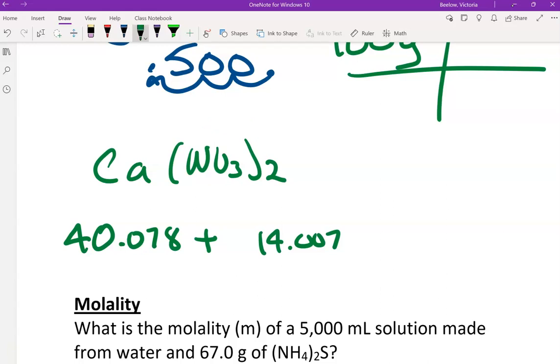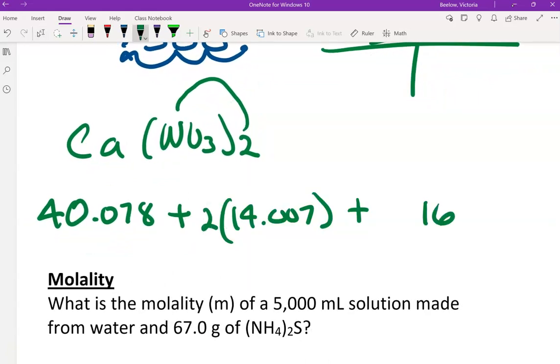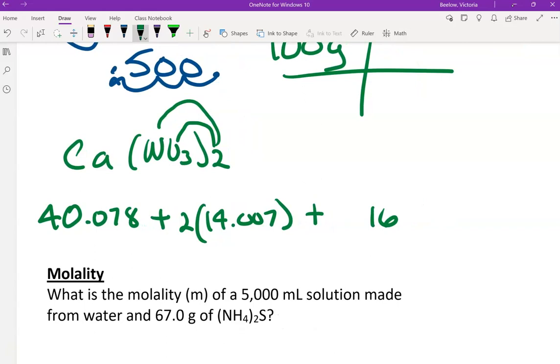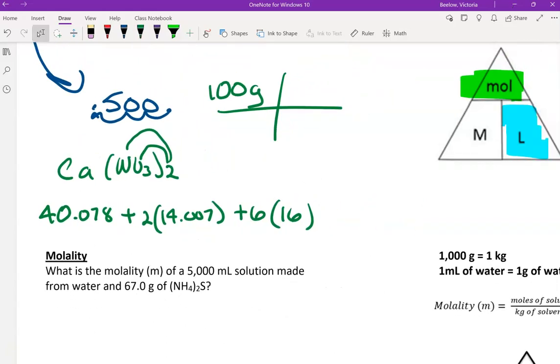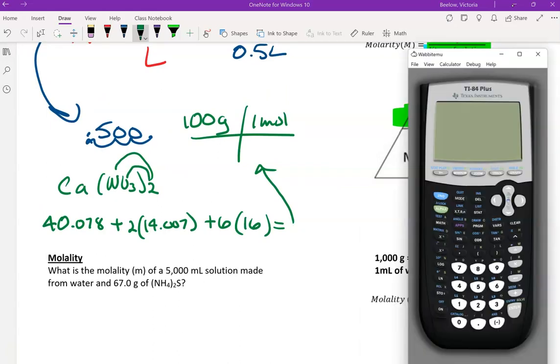So right now there's 1 nitrogen. So we would do 2 times 1, which is 2. So we're going to multiply this by 2. Plus, we always use 16 for oxygen. 2 times 3 is 6. So we'd multiply this by 6. And then that's my molar mass, which I'm going to put here in the bottom. That is always equal to 1 mole.